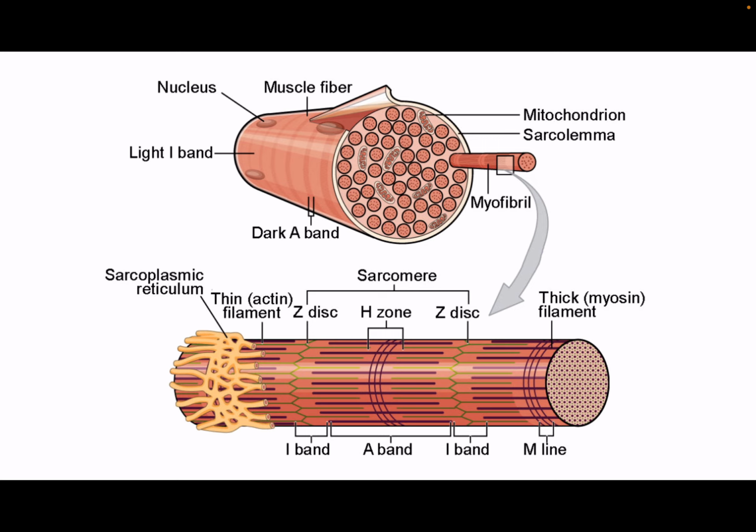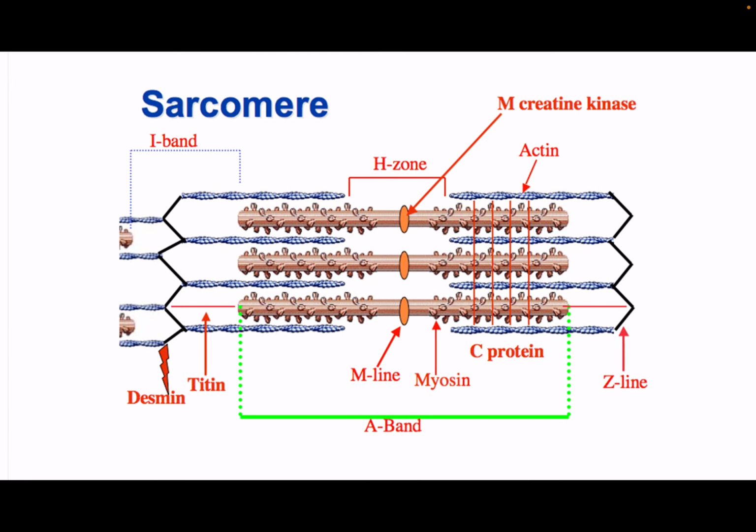The A band is the dark band. That's where you see actin and myosin overlapping. In the center, you have the H zone. That's where I only have myosin, but what we're going to notice is that the H zone is going to disappear later. We'll see that. Sarcomere goes from Z disc to Z disc, and this is what allows us to contract our muscle.